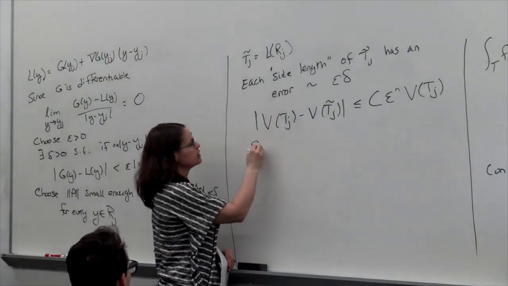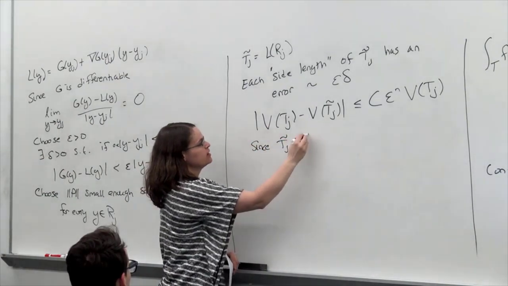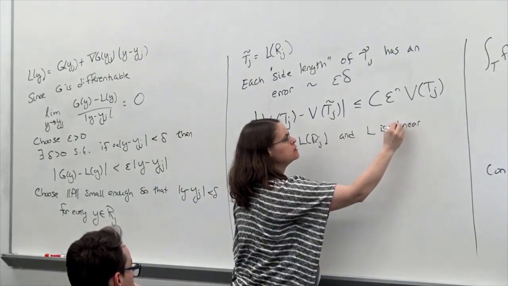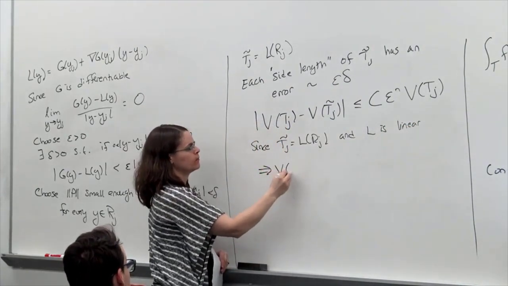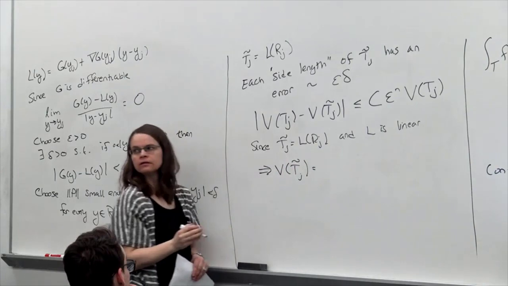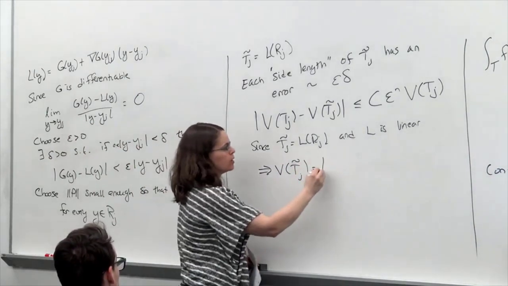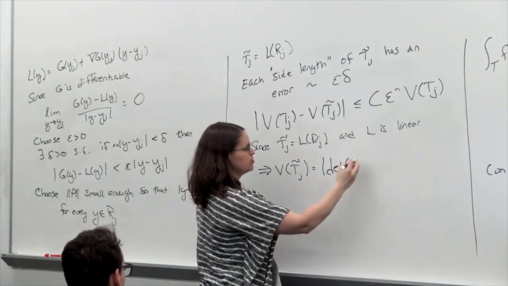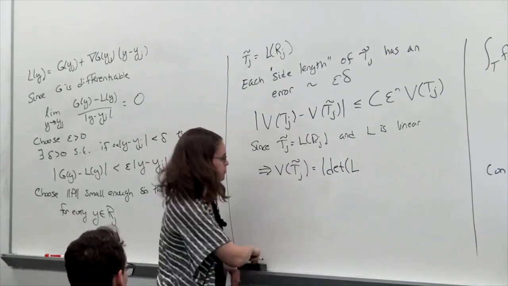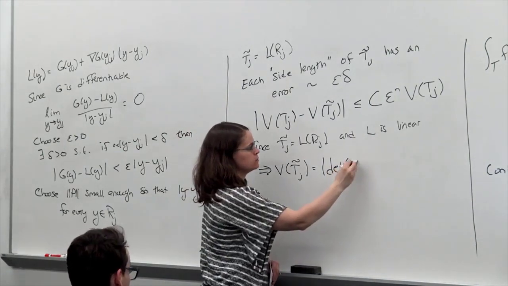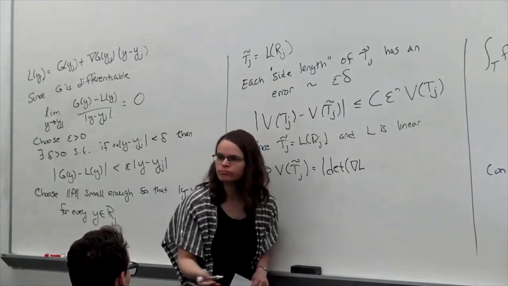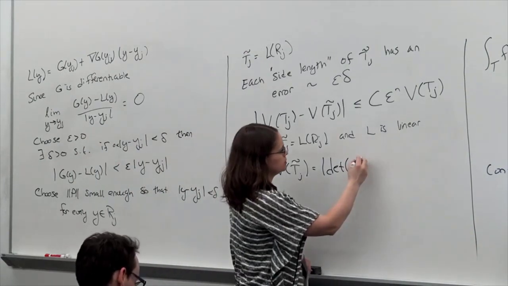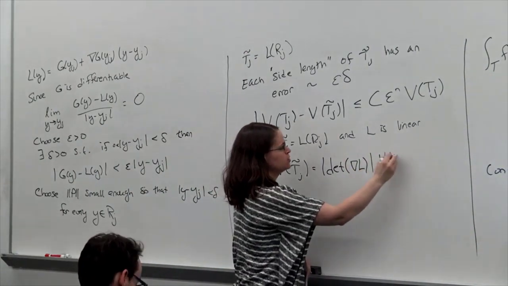Okay, so since TJ tilde equals L of Rj, and L is linear, we know that we're just going to get the volume of our rectangle times the determinant of L, of the Jacobian of L, at some reference point. I mean, the Jacobian is constant, it's linear, times the volume of our original.